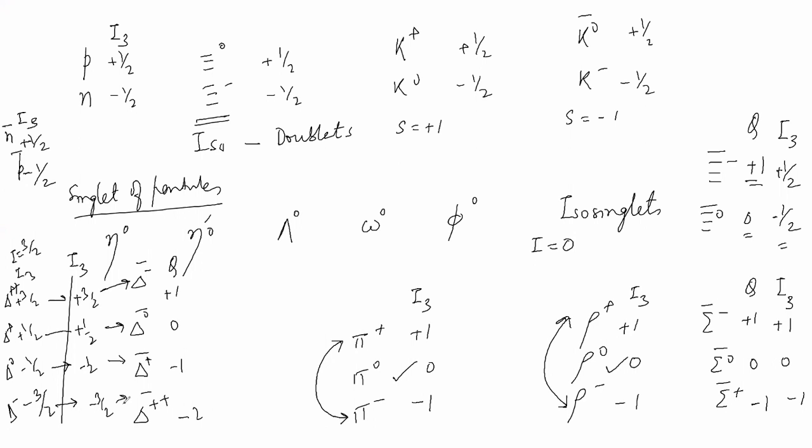We don't assign any isotopic spin quantum number to the leptons. We don't assign any isotopic quantum number to the bosons, intermediate bosons, which are the quanta of different interactions. We only assign isotopic spin quantum numbers to the hadrons.